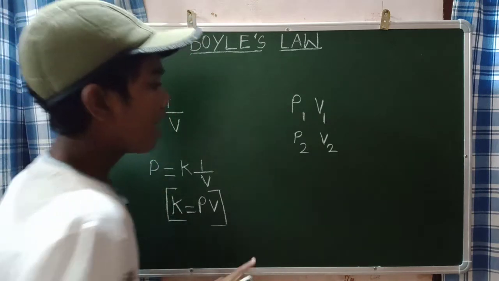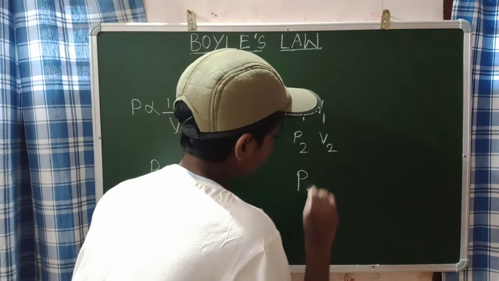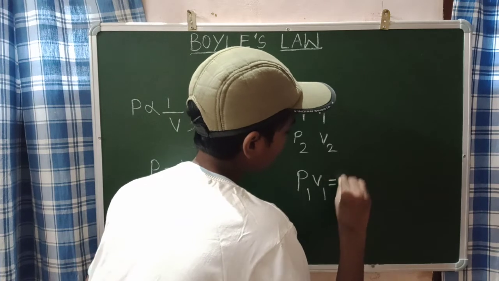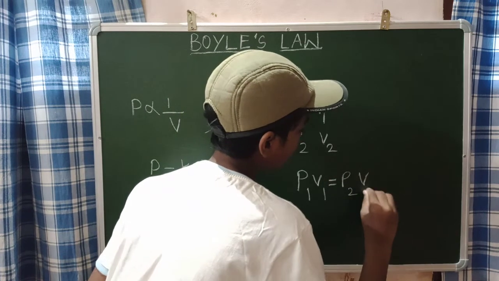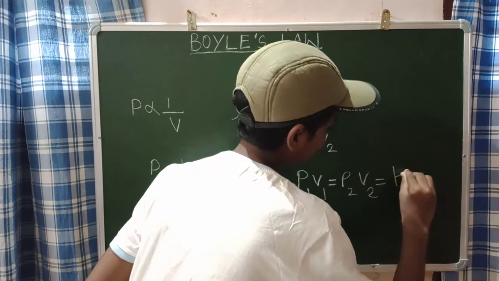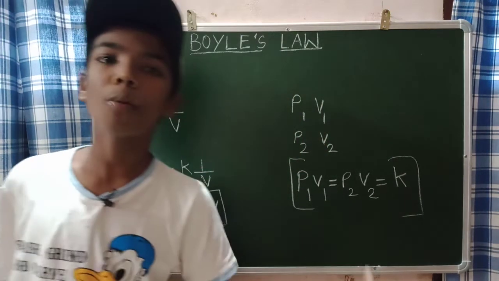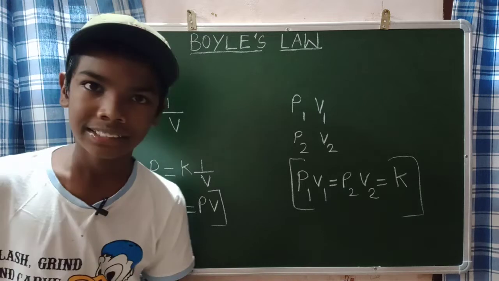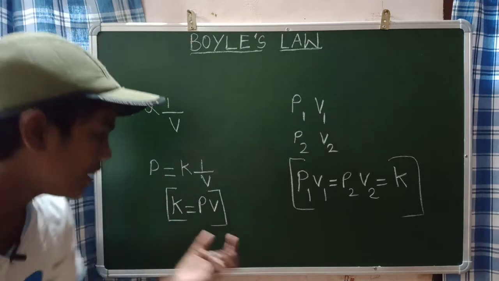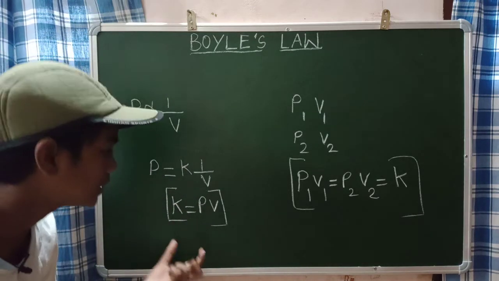Using Boyle's law, I would say that P1 V1 will be equal to P2 V2 will be equal to some constant K, and this constant K is your Boyle's constant, and that's all, guys. The basic thing is, we know that constant K, which is Boyle's constant, is equal to PV.